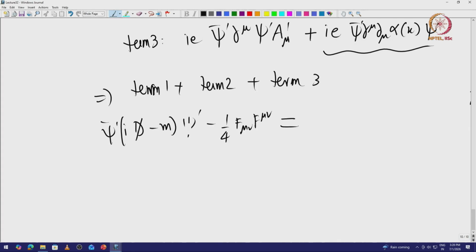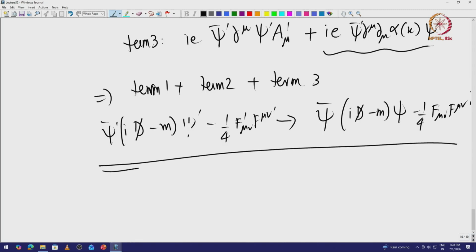So it remains invariant. Now, how did we get this invariant Lagrangian? This is the same Lagrangian, but with the ordinary derivative replaced with the covariant derivative D mu, and this is true if we have interactions.